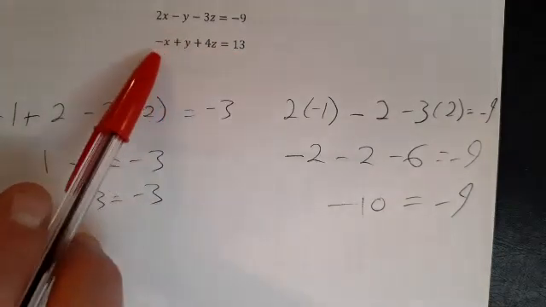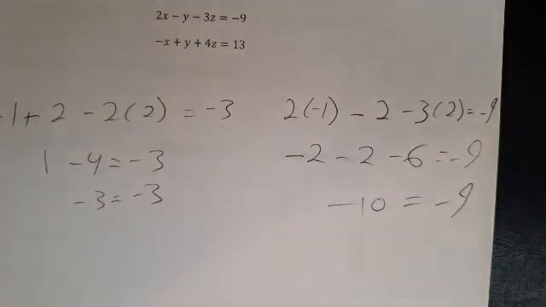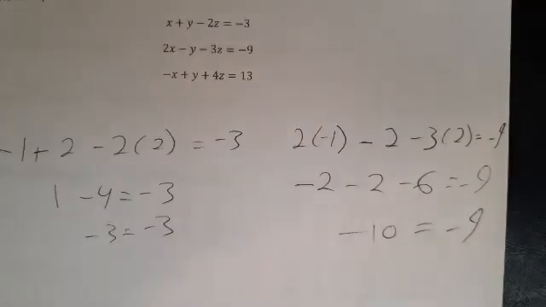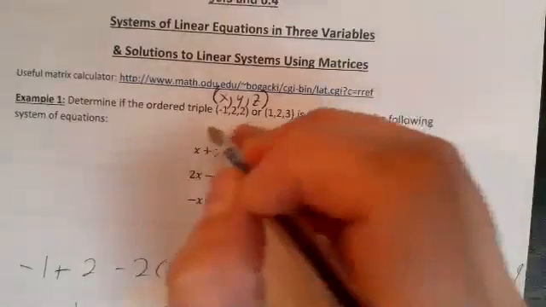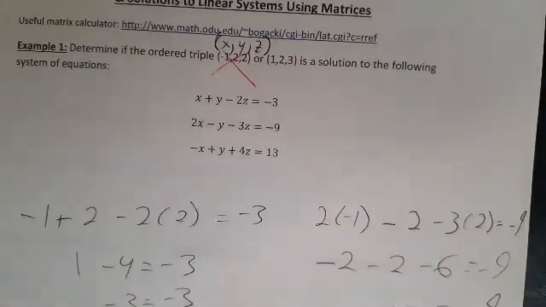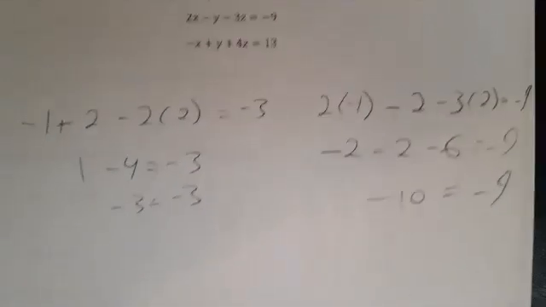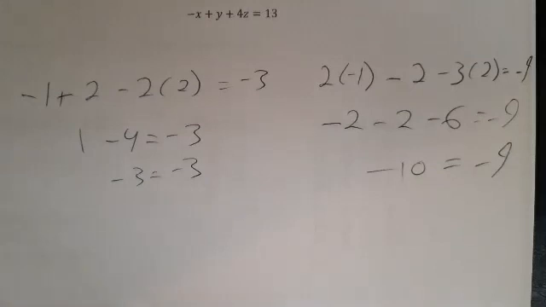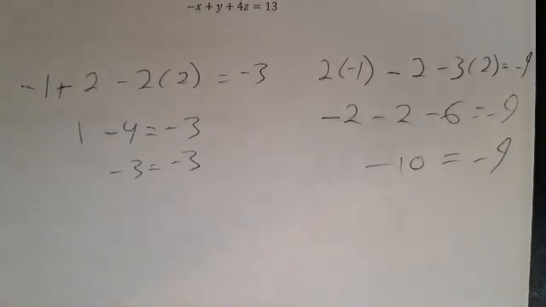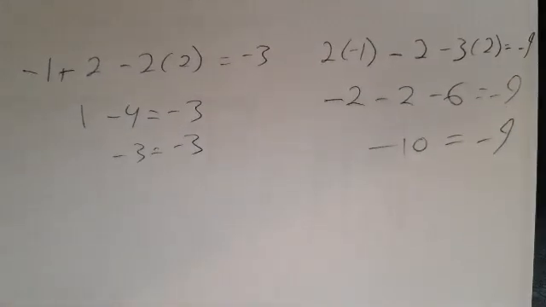I don't think it does. 1, 8, 9, 2, nope. It doesn't work for this one. And so right away, if it doesn't work for one of them, we can automatically just kick it out. I don't think it's going to work for that last one either, but I don't want to waste a lot of time doing it. You can check. If it doesn't work for one, it doesn't work for the system. All right? It's got to work for all of them.